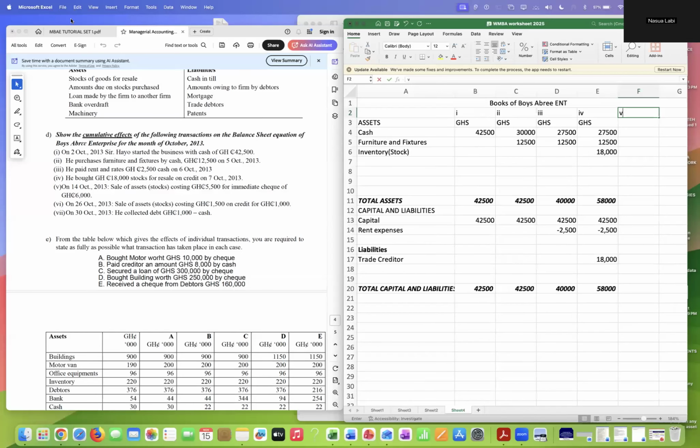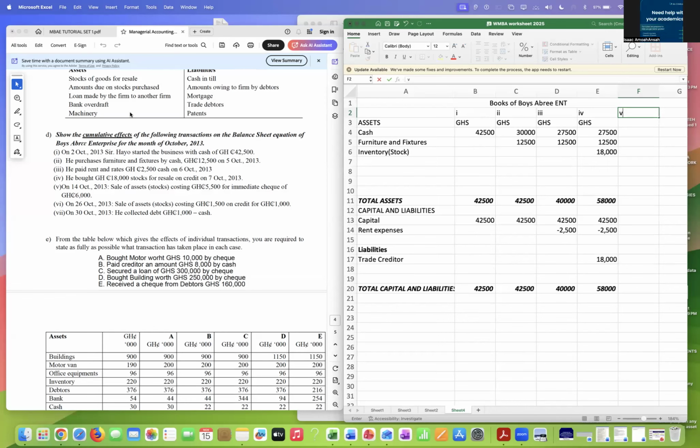Transaction 5. On 14th October, can you hear me? Yes, we can. Okay. On 14th October 2013, sales of assets stocks costing 5,500 Ghana cedis for immediate check of 6,000 Ghana cedis. Okay.